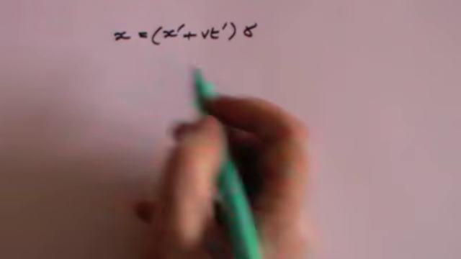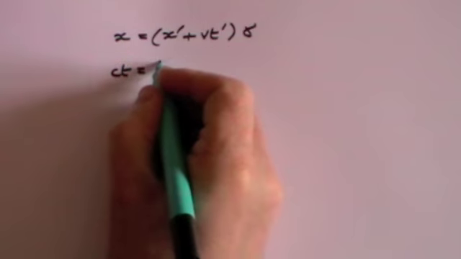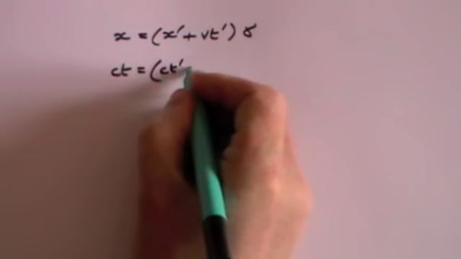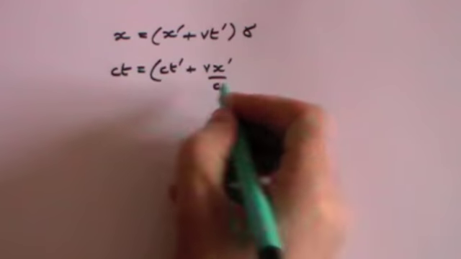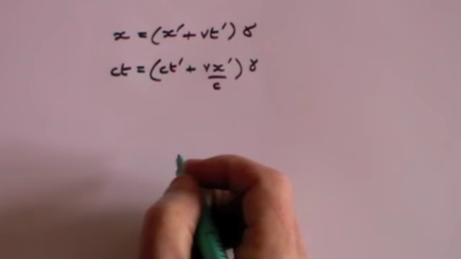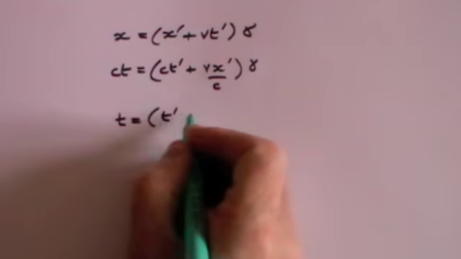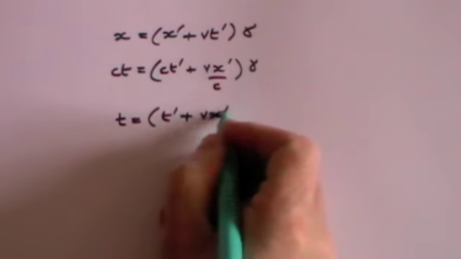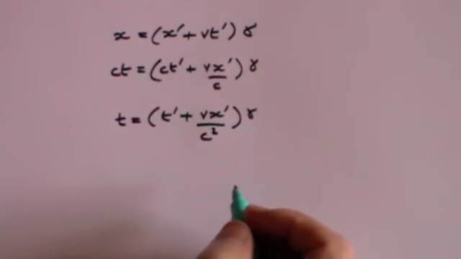And again, by substituting, we can say that x, which is ct, equals x prime, which is ct prime, plus vt prime, which is vx prime over c, all times gamma. And if we divide through by c, we get that t is equal to t prime plus vx prime over c squared, times gamma.